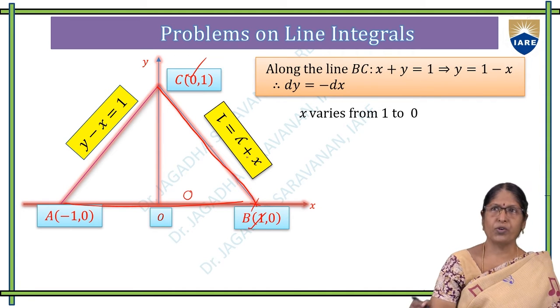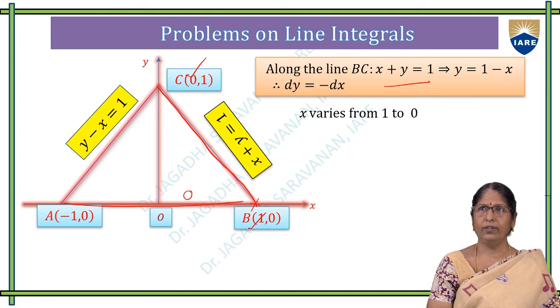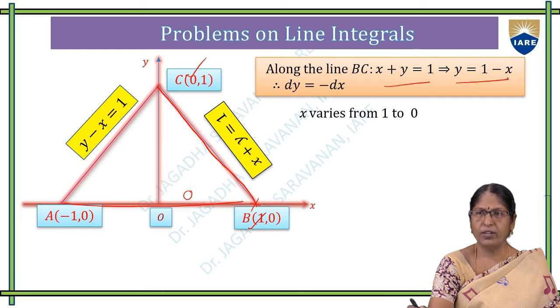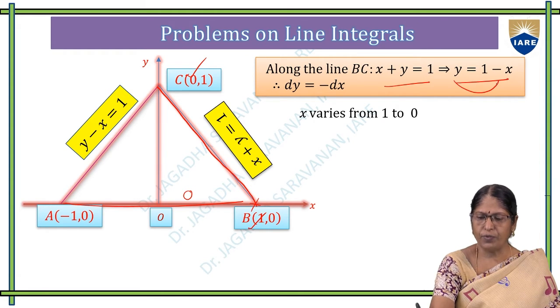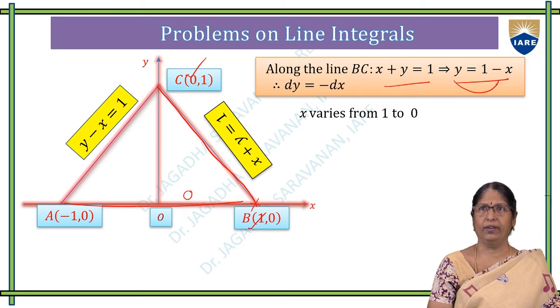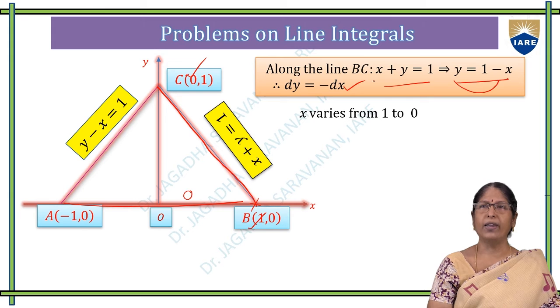Here the equation of the line is x plus y equals 1, from which we obtain y equals 1 minus x. Differentiating both sides, dy equals minus dx.